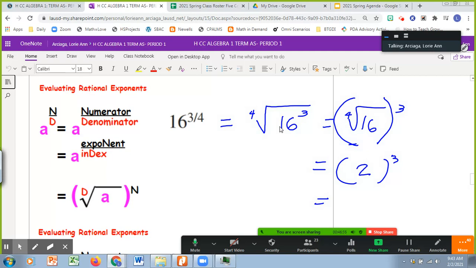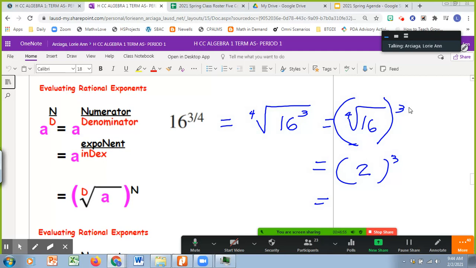In the SAT, there's a calculator part and a non-calculator part. If you're not allowed to use a calculator, this may be challenging because you're going to multiply 16 by itself 3 times.